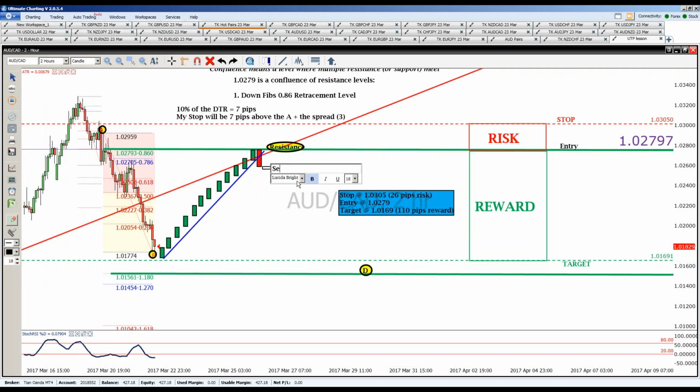Okay, so if I sold over there, then my entry would have been more or less over there, and my risk would be a little bit bigger. Like that. Entry over there.